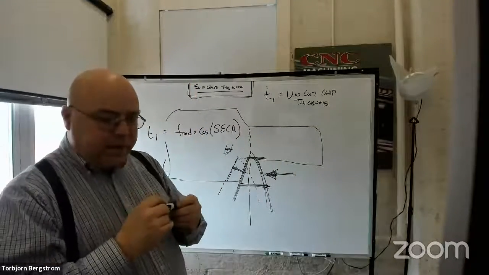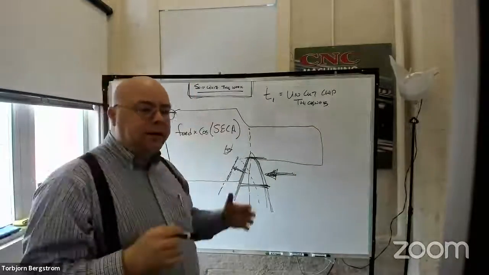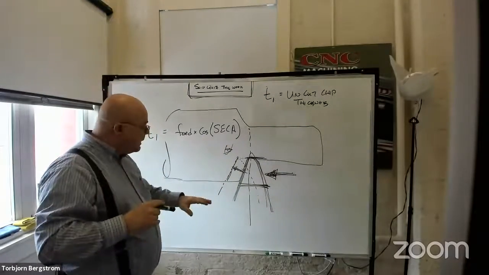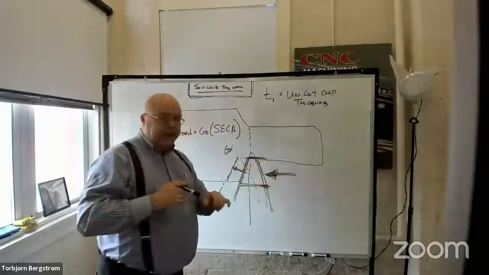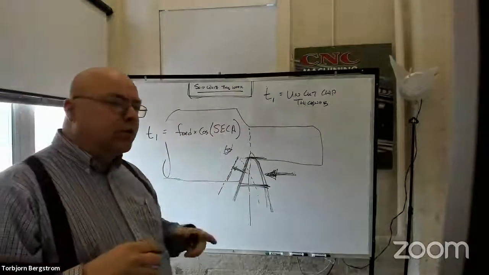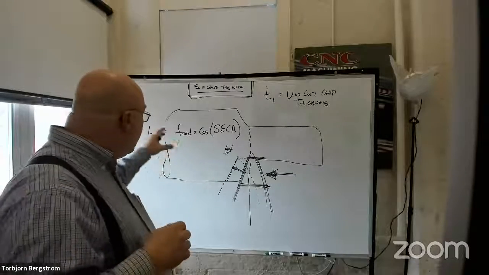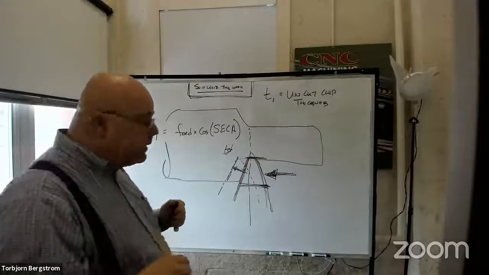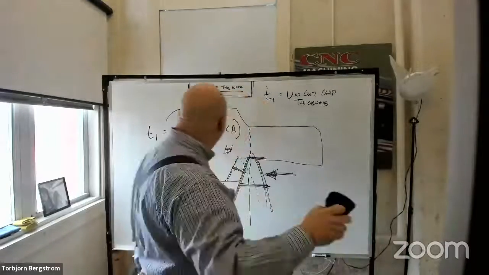This is a mistake people often make, so I'm reminding you that T1 equals feed times the cosine of side edge cutting angle and does not equal the depth of cut. We need to know the depth of cut when we're figuring out material removal rate, but not when we're figuring out T1. Okay, so that's kind of cool.